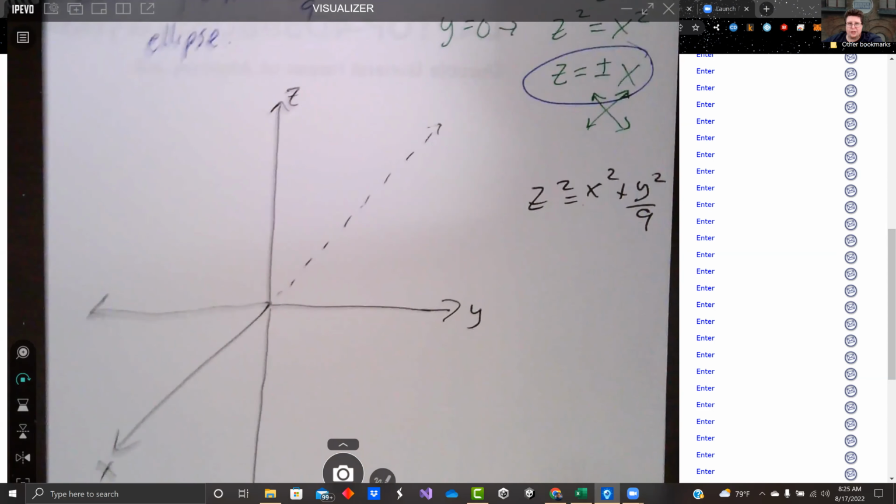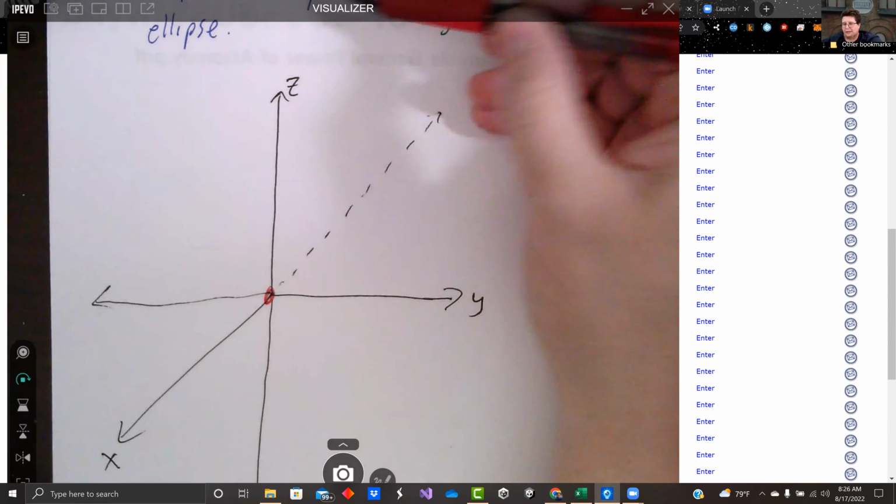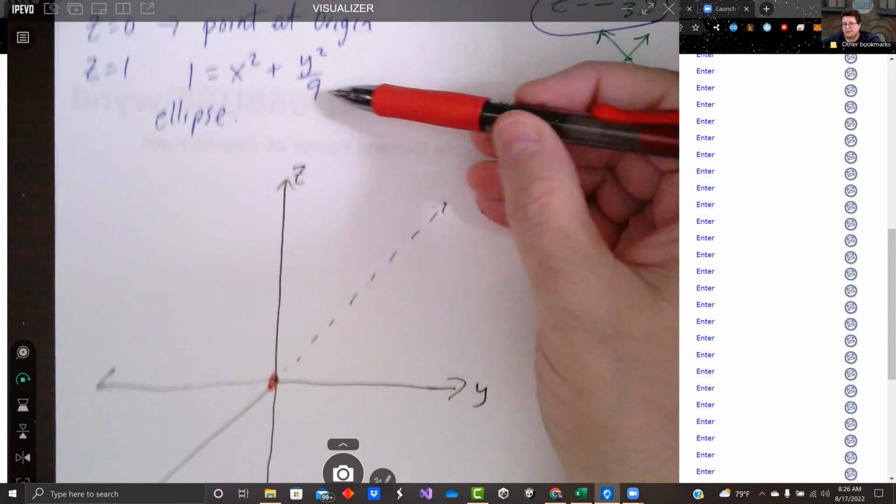And what kind of shape would we, oh, we know we have a point at the origin. And we know the shape of the ellipse at x equals 1 or z equals 1.